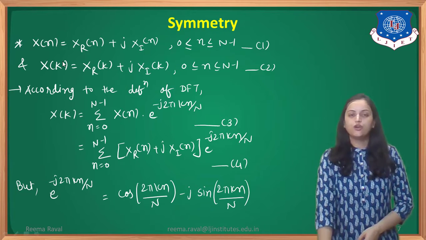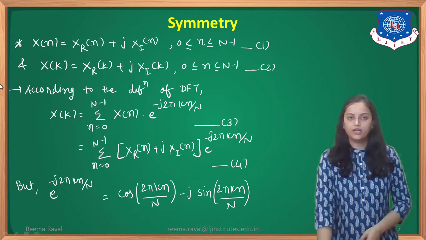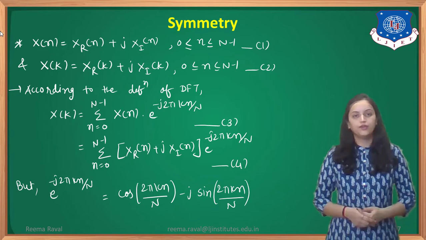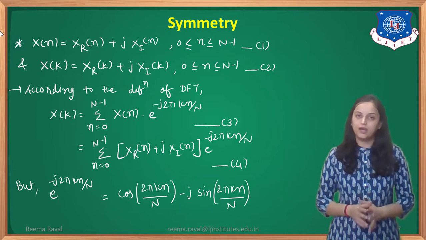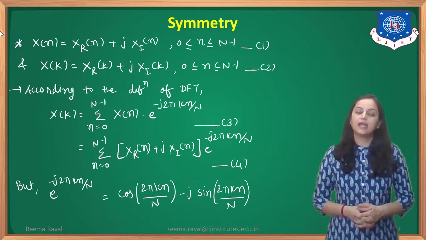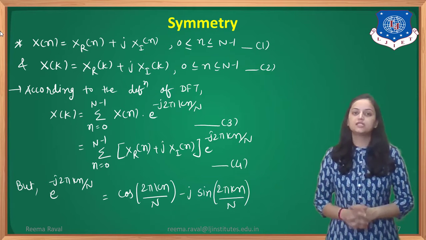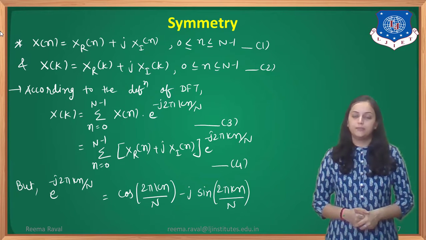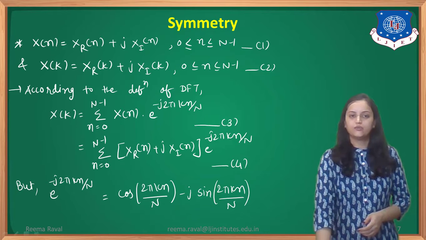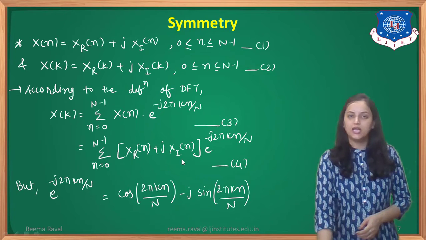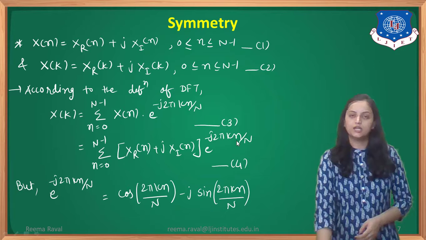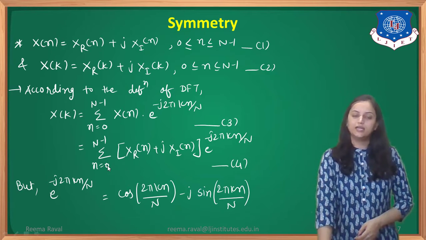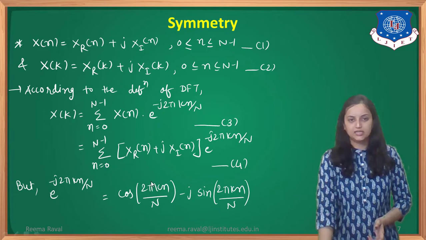Now, according to the definition of discrete Fourier transform, we know that x of k is equal to summation of n equals 0 to N minus 1 x of n into e raised to minus j 2 pi kn by N. Now we are replacing x of n with xr of n plus j xi of n, that is our equation number 1. So we will get summation of n equals 0 to N minus 1 xr of n plus j xi of n into e raised to minus j 2 pi kn by N. Now we know that e raised to minus j theta equals cos theta minus j sin theta.